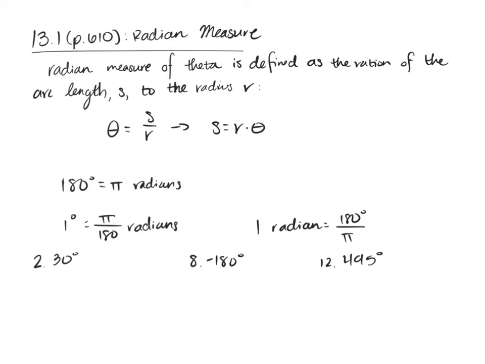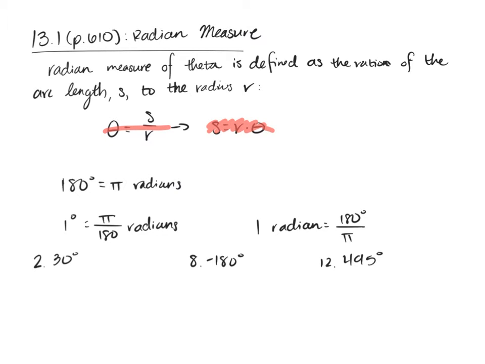So first off, radian measure of theta, the angle measure theta, is defined as the ratio of the arc length S to the radius R. So I've written it here as theta equals S over R, and then you've also got it rearranged so that arc length is equal to radius times theta.